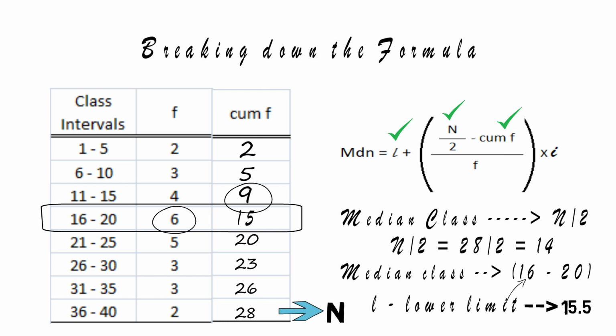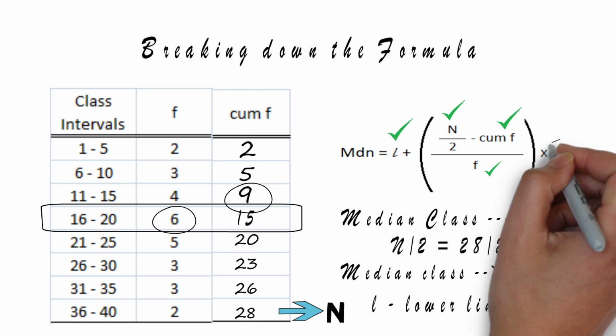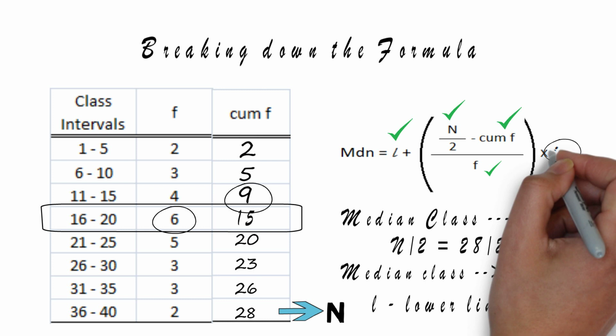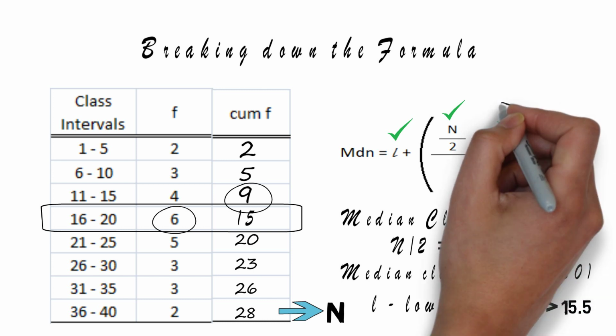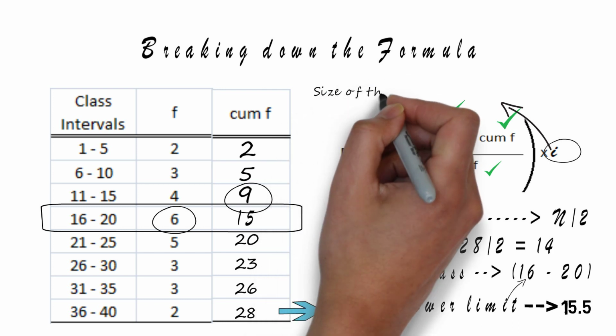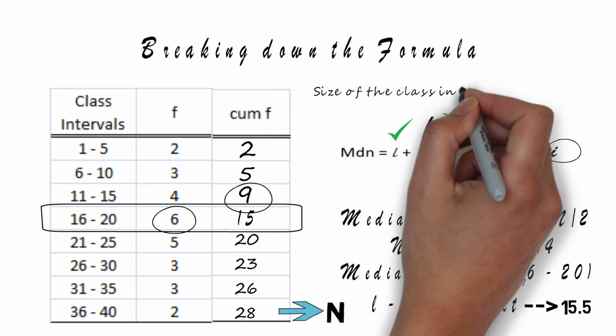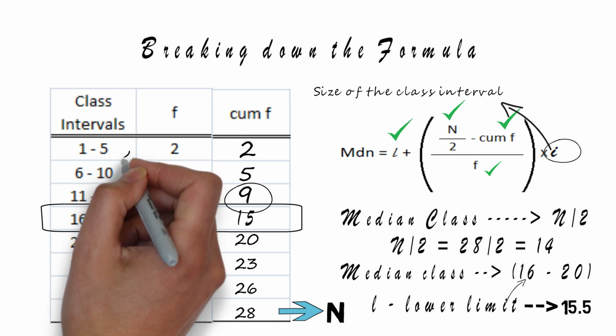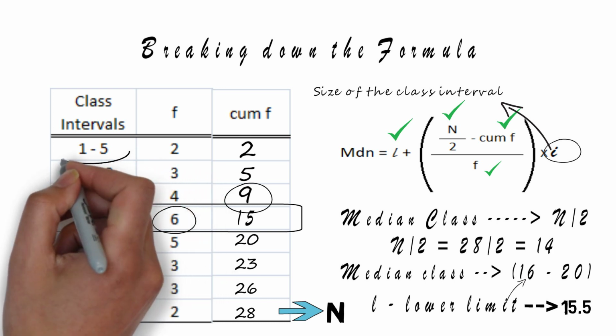We got our F. We have I left. I indicates the size or width of the class interval. Class interval size means how many scores it covers. Look at the first class interval 1 up to 5.